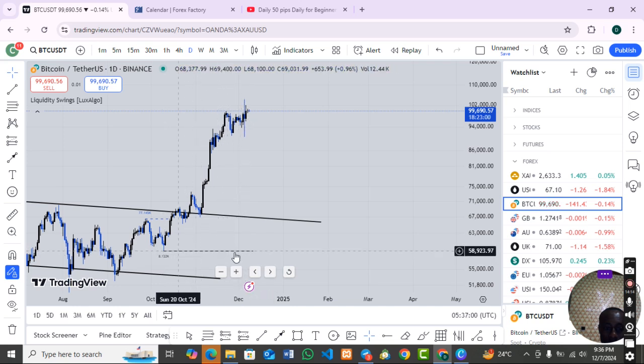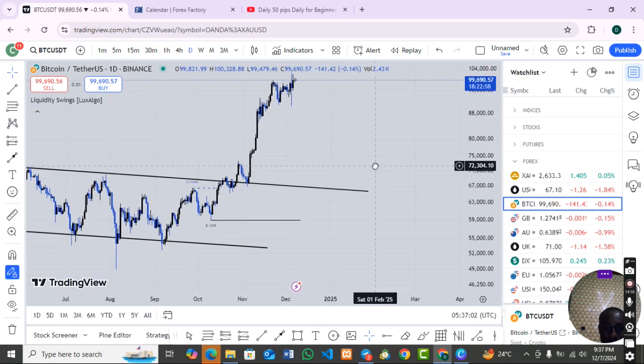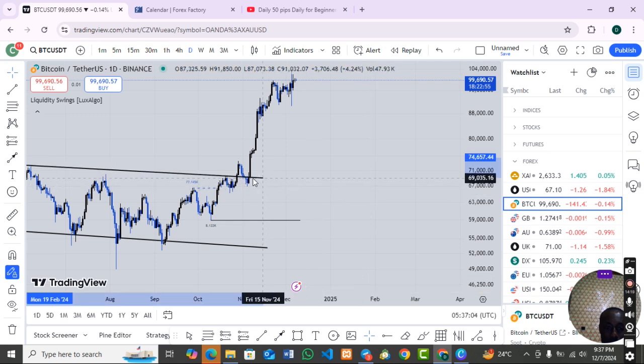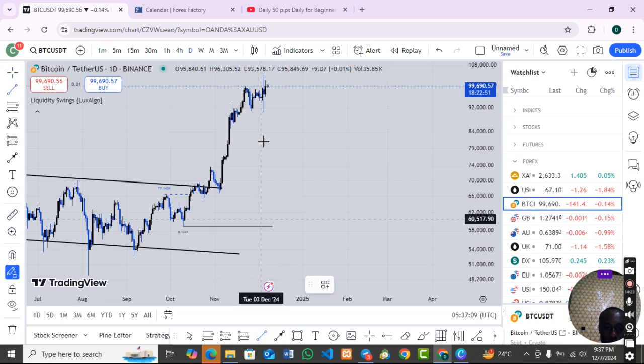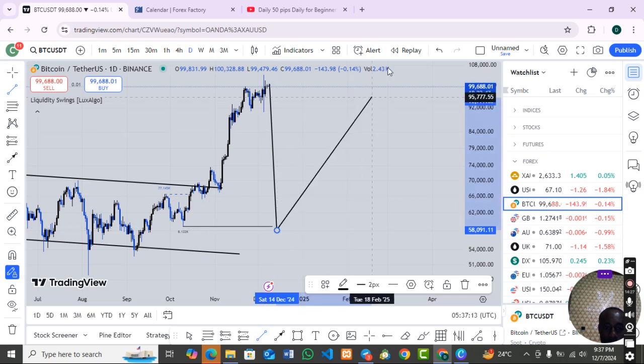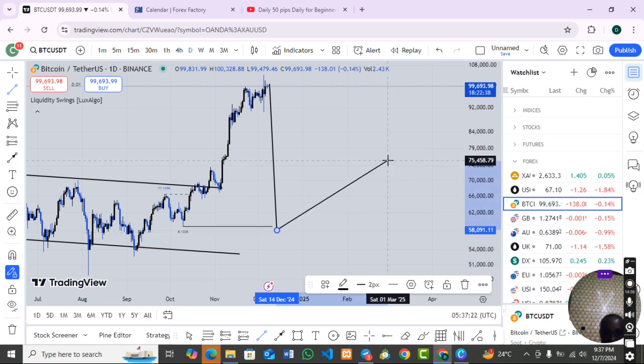Potentially price or BTC can retrace back to this particular liquidity pool before it bounces off once again, or it can even cross it to touch the higher time frame trend line that we have just drawn.